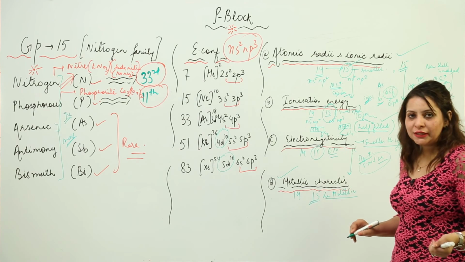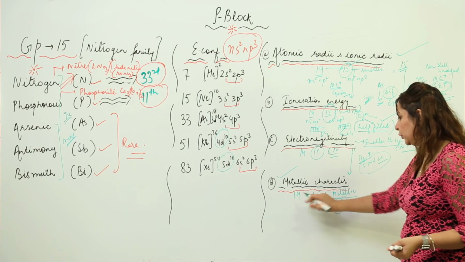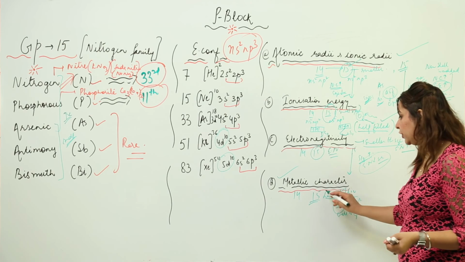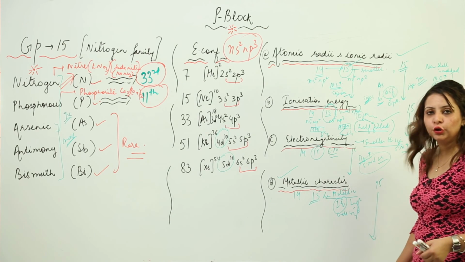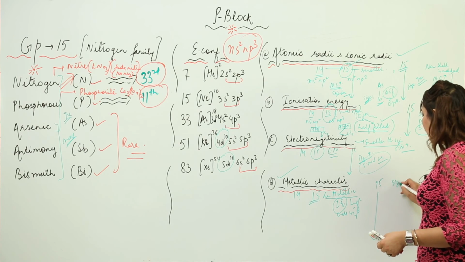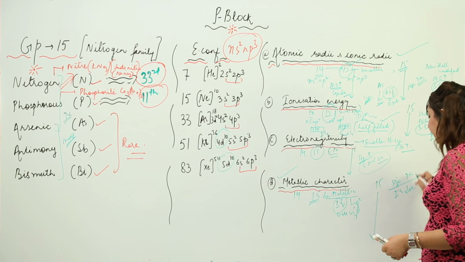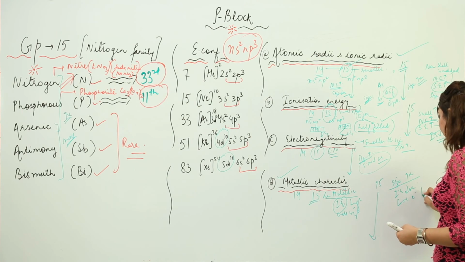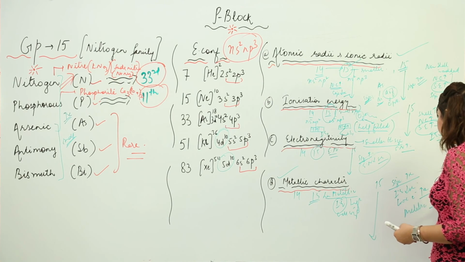Because they cannot lose electrons so easily, as their ionization energy is high because of their small size. But within group 15, as we move down, size is increasing and ionization energy is decreasing. That means the tendency to lose electrons is increasing. Therefore, we say metallic character increases down the group.